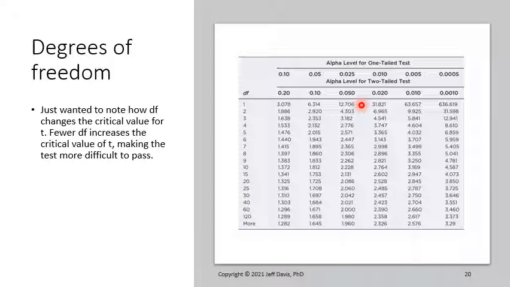With 1.96, you only need to meet or exceed that value in order to reject the null. But with 1 degree of freedom, you need to meet or exceed a value for t of 12.706 in order to reject the null. So it becomes much more difficult to reject the null.